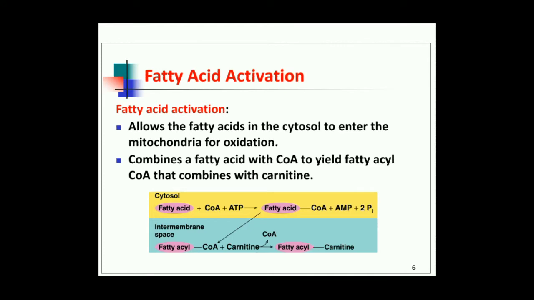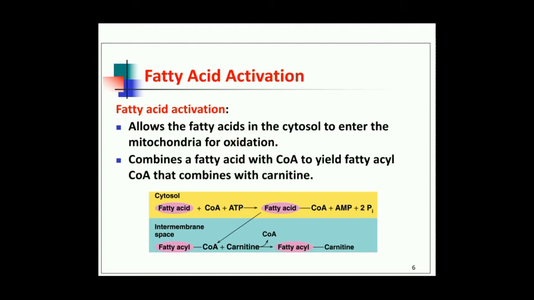Now let's see the fatty acid activation. Guys, the free fatty acid obtained from the triglycerides, as we have already discussed, needs to be activated. It can't go directly into the matrix of mitochondria for further metabolism. So first it needs to be converted into an activated structure, which is called acyl coenzyme A. Fatty acid activation allows the fatty acids in the cytosol to enter the mitochondria for oxidation.